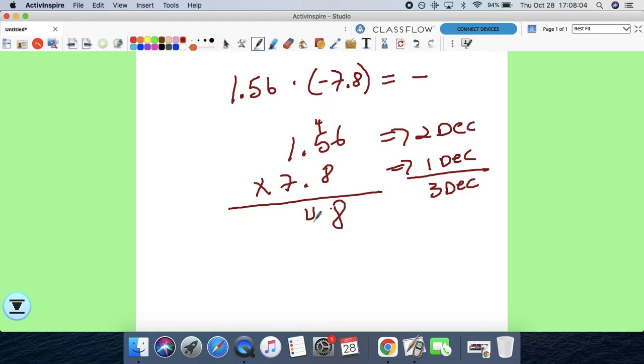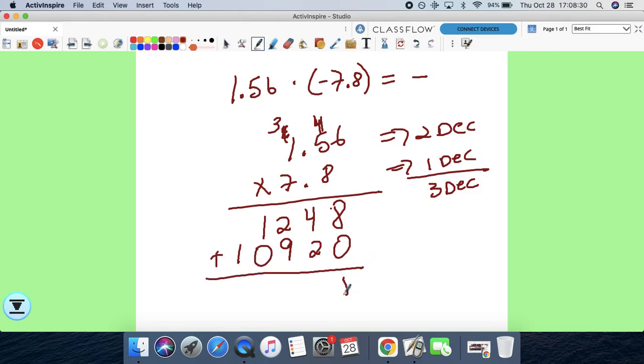Plus 4 is 44. Carry 4. 8 times 1 is 8. Plus 4 is 12. Before we do the 7, we're going to add a 0. So now 7 times 6, 42. Carry 4 again. 7 times 5 is 35, plus 4 is 39. Carry 3. 7 times 1 is 7, plus 3 is 10. 8, 6, 1, 2, 1. So the answer is 3 decimal places.